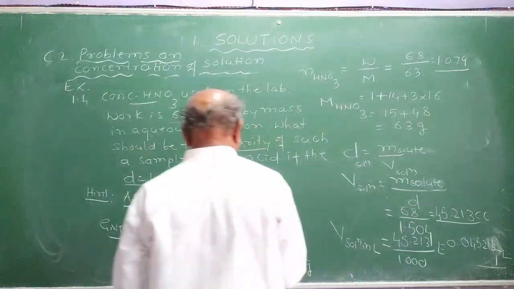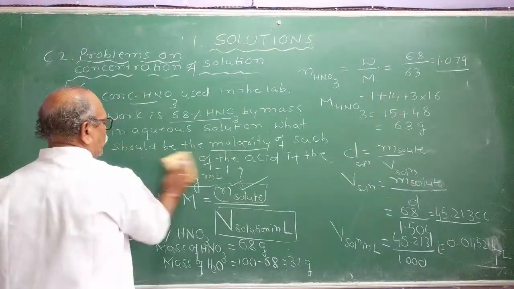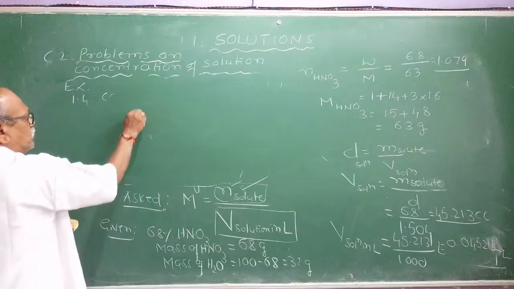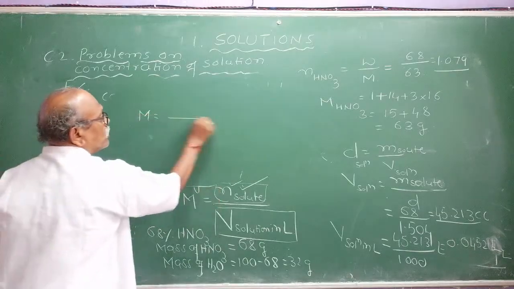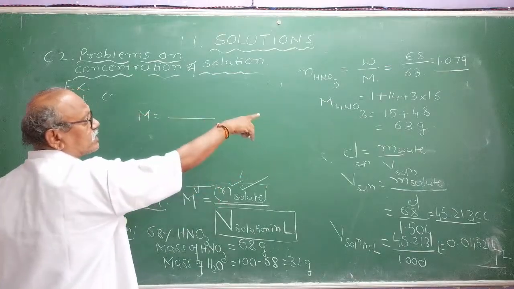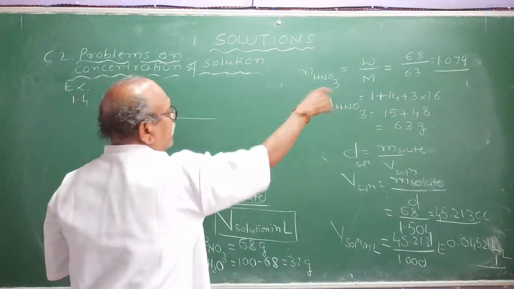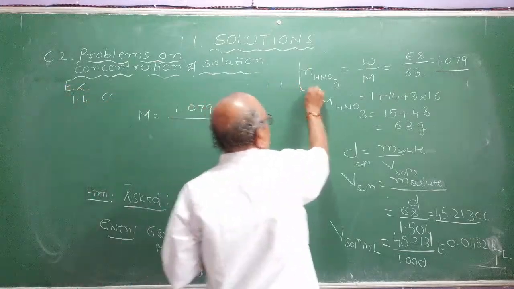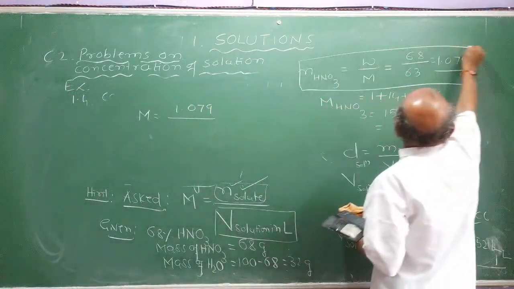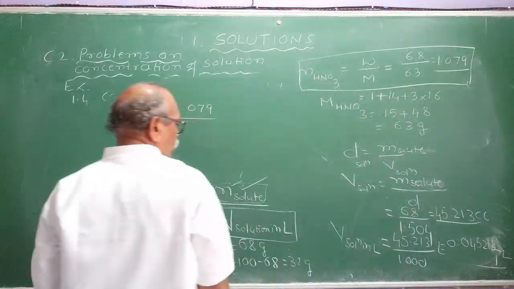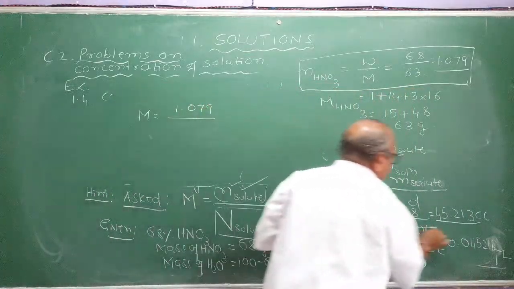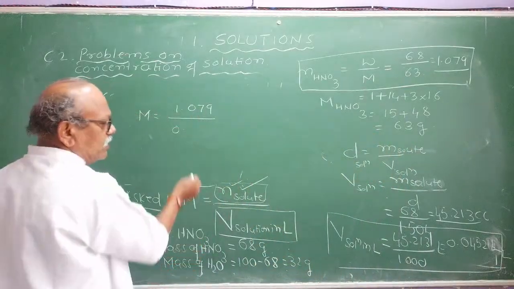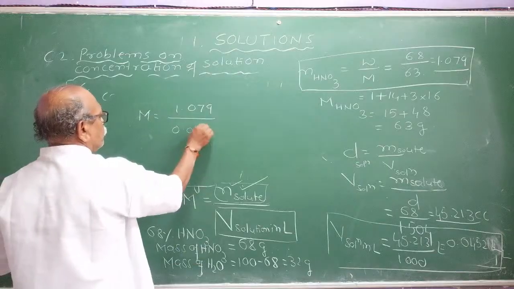Volume you got. Molarity's formula is the number of moles of the solute divided by volume of the solution in liters. The number of moles of the nitric acid we already calculated is 1.079, divided by the volume 0.0452.